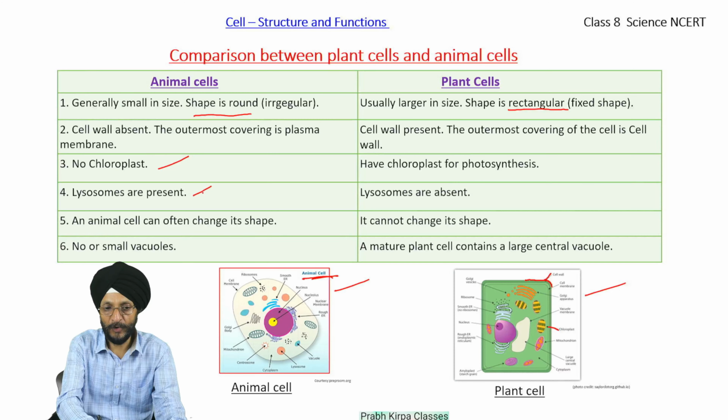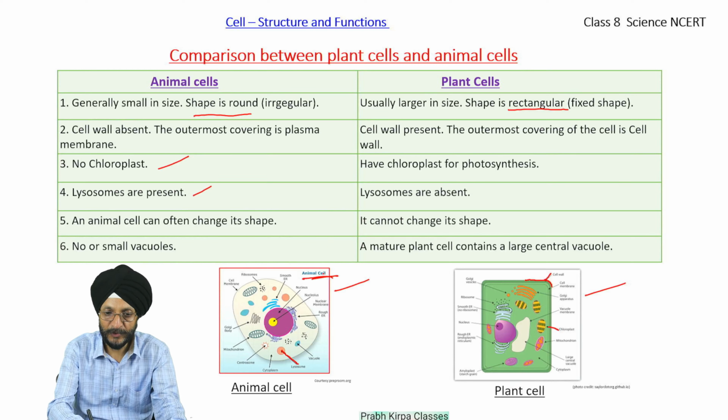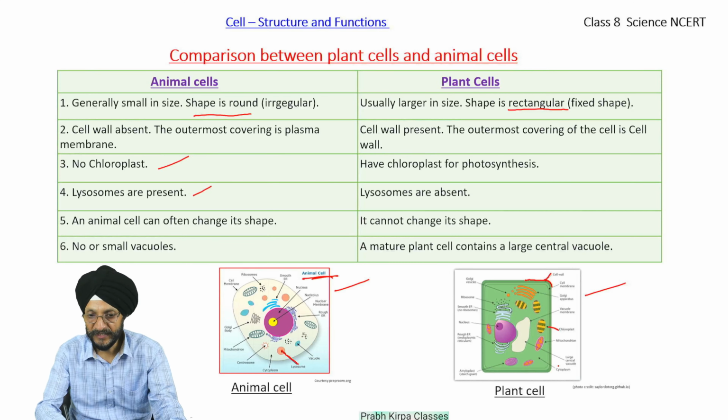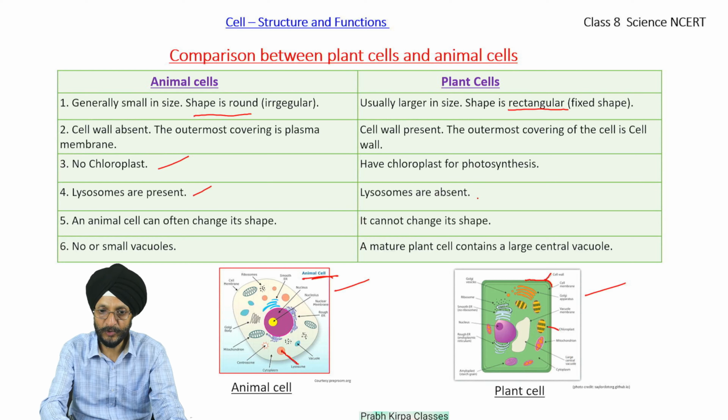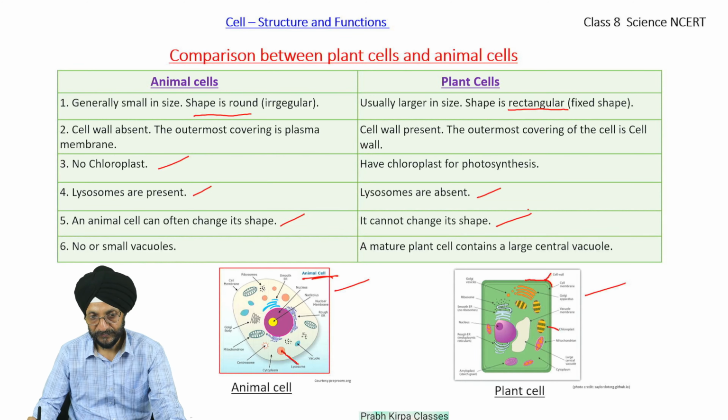Lysosomes, which contain digestive enzymes, are present in the case of animal cells. This is the picture of lysosome. In the case of plant cells, lysosomes are absent. An animal cell can often change its shape. Plant cells cannot change its shape.